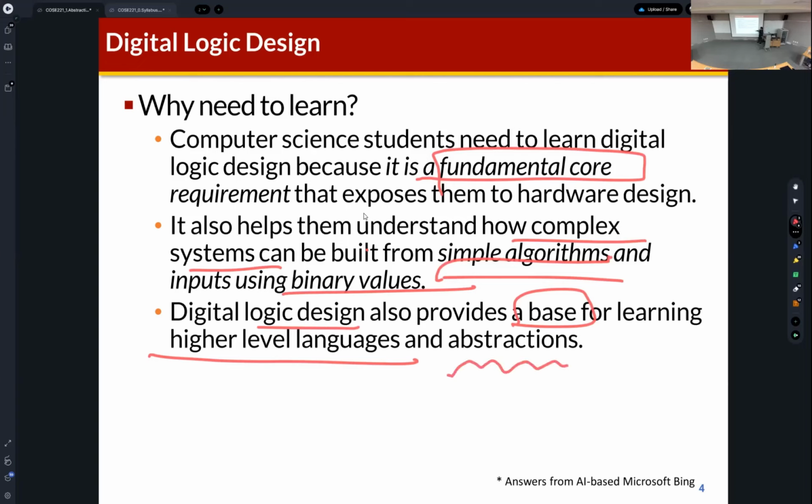The concept of abstraction is very important in the computer science and computer engineering fields. So if you learn about logic design, then you can also learn about the concept of abstraction in computer systems. Okay? It's very clear, right? It's very smart. It's powered by ChatGPT.